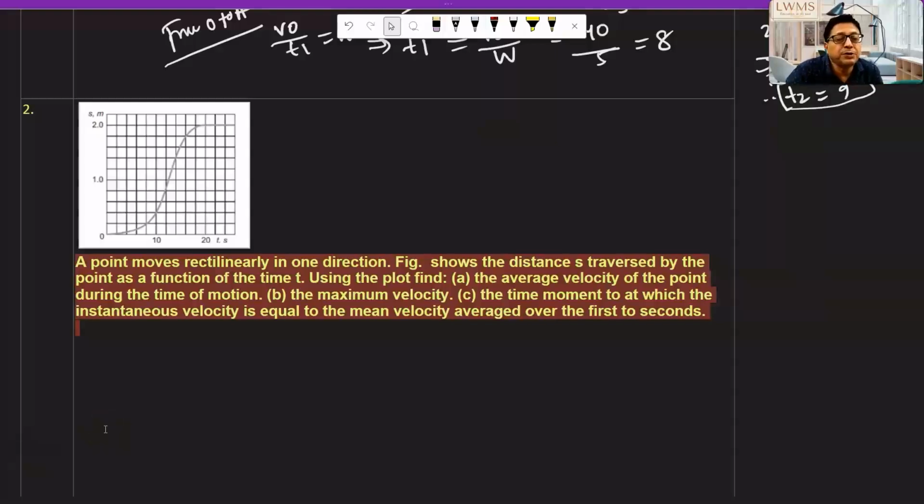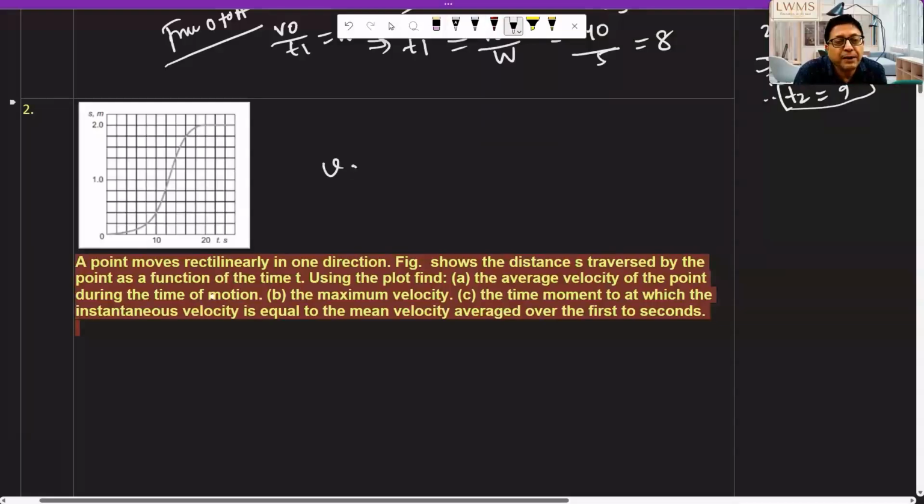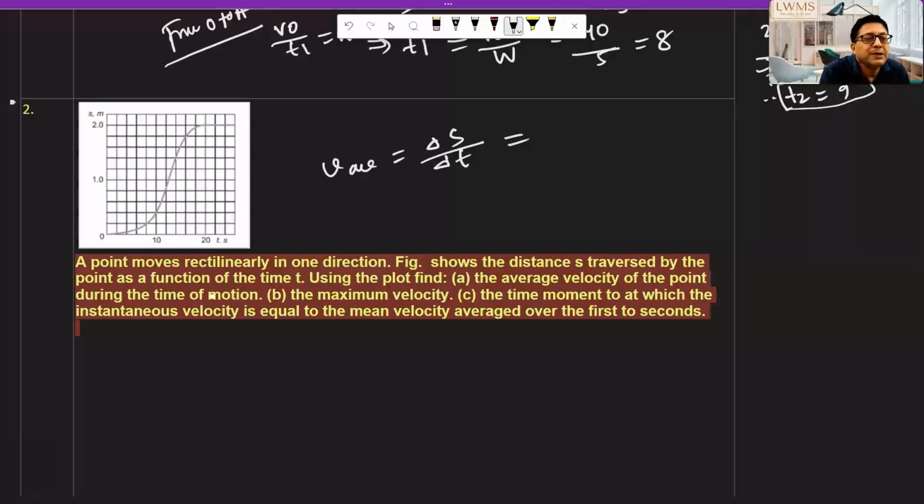So the average velocity of the point during the time of motion will be V average, that is delta S by delta T. Displacement is quite obvious. What is that? Displacement is 2 meter. And what time? This time is 20 seconds.